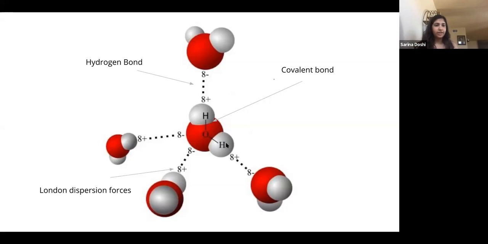Oxygen is not the only electronegative atom. If you have a chance to pull up a periodic table, you'll see that in the top, sorry, I'm bad at left and right, in the top right corner, oh, it's very hard to explain where it is.